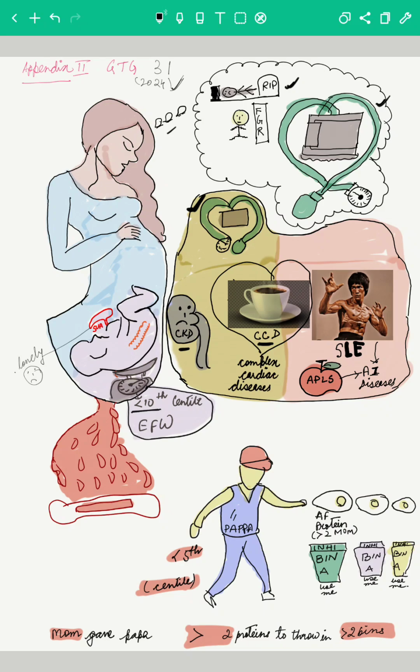Another important history that she wants to give to the doctor is that she's got apples and she's a big fan of Bruce Lee. I mean, this is the best mnemonic I could think of to remember the autoimmune diseases, that is antiphospholipid syndrome and systemic lupus erythematosus. So SLE and apples, that is antiphospholipid syndrome, autoimmune diseases, these are again high risk factors for fetal growth restriction.